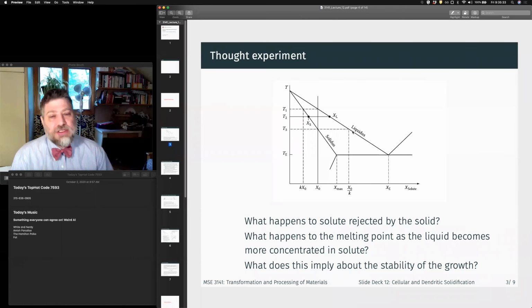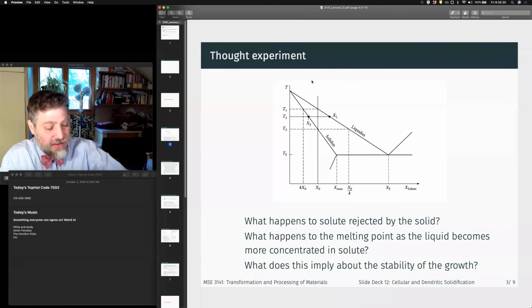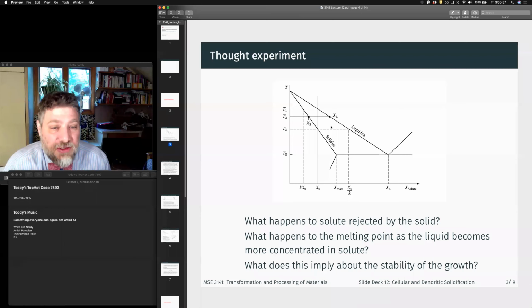So let's just think about this conceptually. The melting point directly in front of the interface has been depressed.